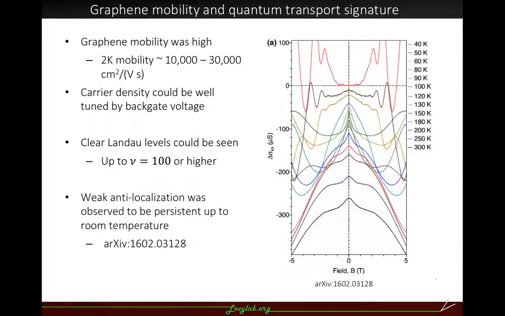Another interesting thing we saw is weak anti-localization at low temperature and even up to room temperature. I think this is the first time we can see quantum transport persist up to room temperature. This has been posted on the arXiv already.